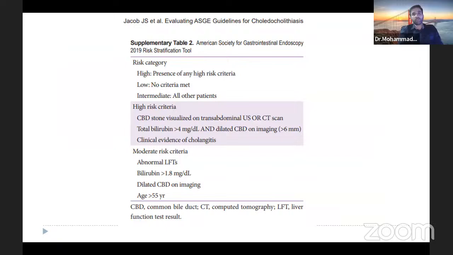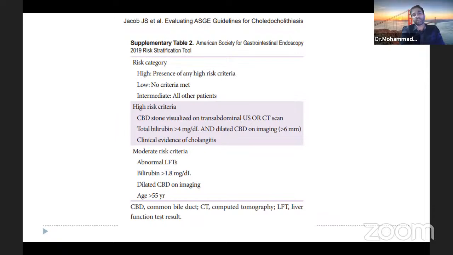So the American Society for Gastrointestinal Endoscopy in 2019 laid down different criteria, like high risk criteria: on ultrasound the stone is visualized, the total bilirubin is greater than 4, and the patient has cholangitis. These patients have a high probability of concomitant CBD stones.